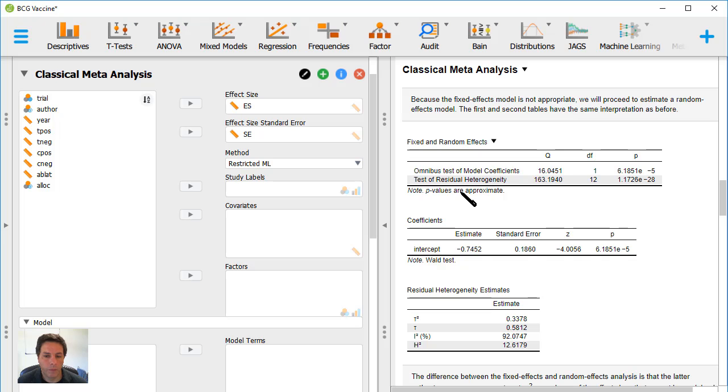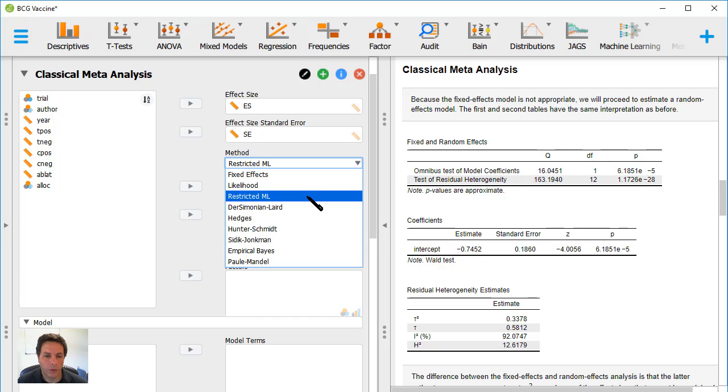What we did is that we changed the method. Instead of the fixed effects, we have restricted ML. There are other methods, but we are not going to go into the details of that.